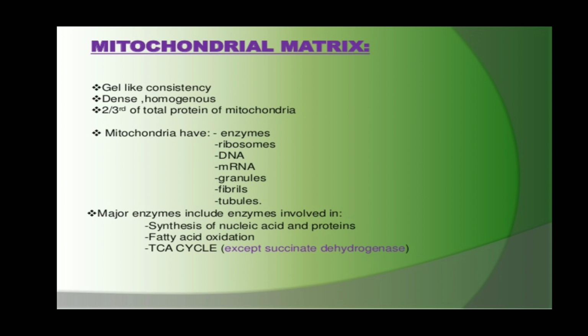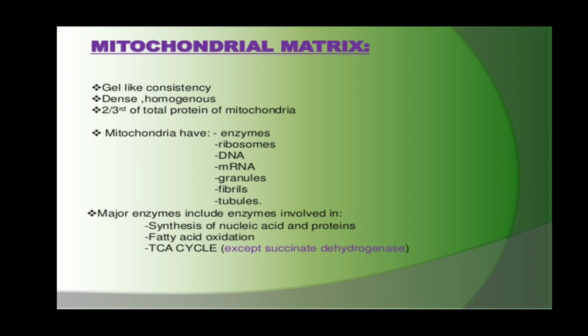Then the next component, the mitochondrial matrix. The mitochondrial matrix has a gel-like consistency inside the mitochondria. It is dense and homogeneous in nature, and two-thirds of the total proteins of the mitochondria are floating in this matrix. The matrix has enzymes, ribosomes, DNA, mRNA, granules, fibrils, and tubules, all floating in it.